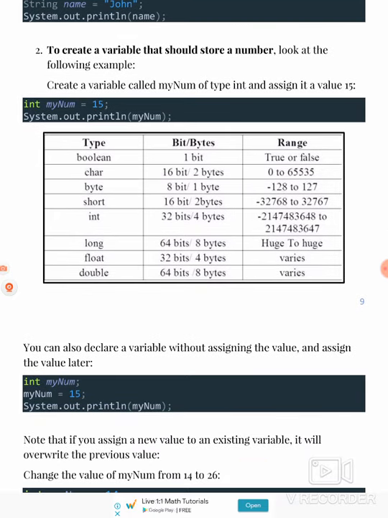Boolean is 1 bit, char is 16 bits, 2 bytes, byte is 8 bits, 1 byte, short is 16 bits, 2 bytes, integer is 32 bits, 4 bytes, and long is 64 bits, 8 bytes, and float is 32 bits, 4 bytes, and double is 64 bits, 8 bytes guys.